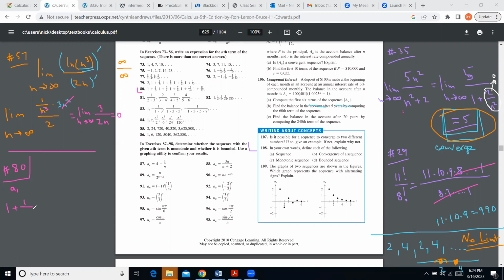Well, I need to relate that 2 in the denominator with the index, because the next term, a2, they say is 1 plus 3 over 4. So again, I need to relate that second term with the index.